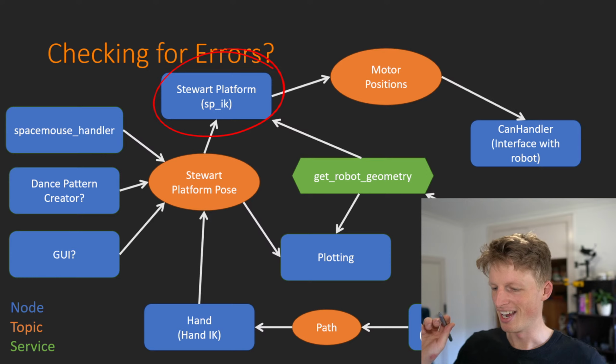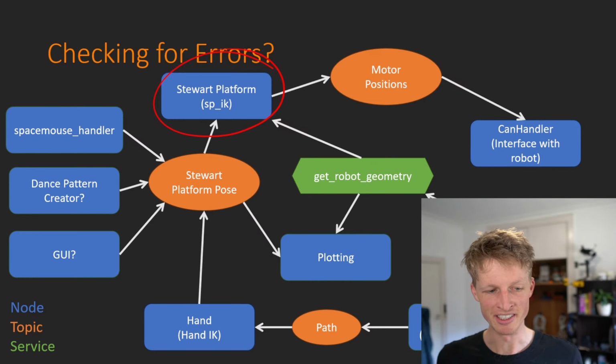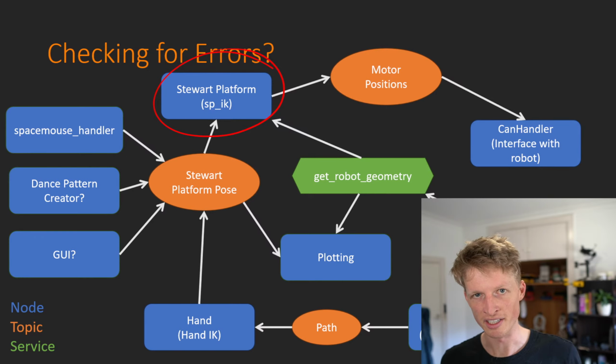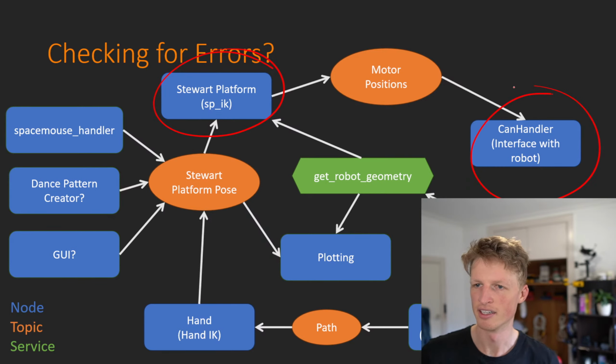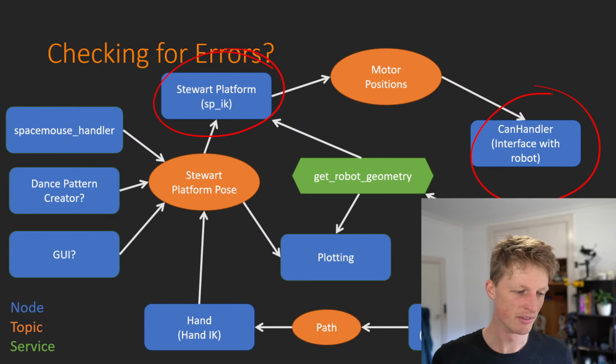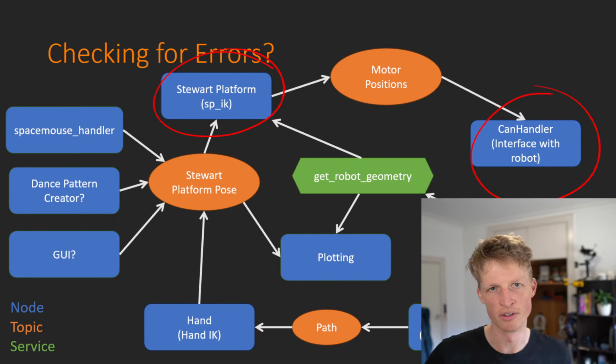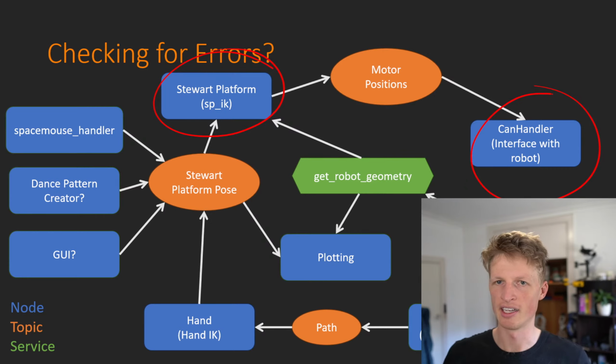We'll see. And because I am very, very, very cautious of things breaking, I've also put in a second error checking thing here at CanHandler, which has, again, effectively the same limits, just coded differently. The first one in the inverse kinematics is the length, and in CanHandler it's the number of revolutions, but it's the same thing.